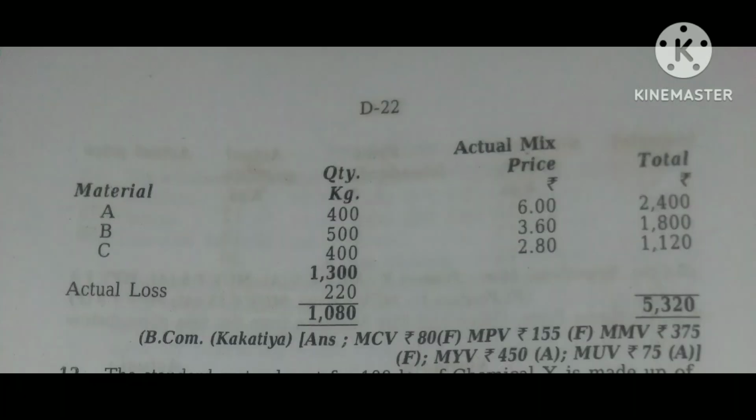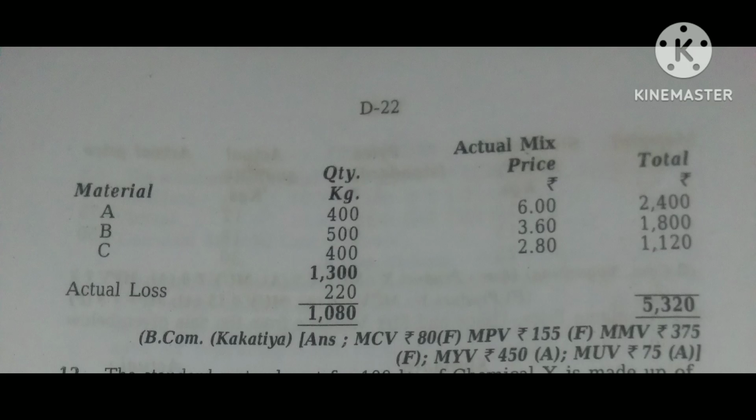So now he has given information for actual mix. Material A quantity is 400, price is 6 rupees and the total is 2400. For material B quantity is 500 and the price is 3 rupees 60 paisa and the total is 1800. And for material C quantity is 400 and the price is 2 rupees 80 paisa and the total is 1120.